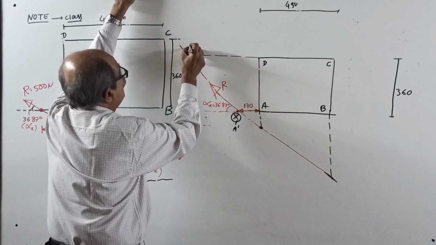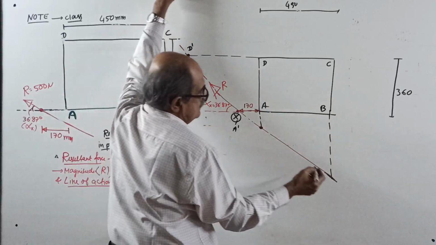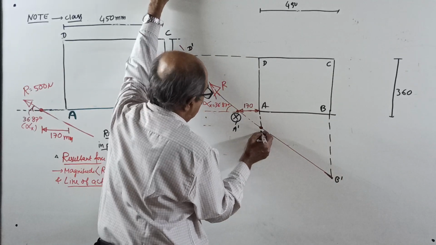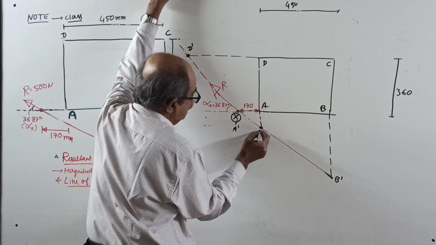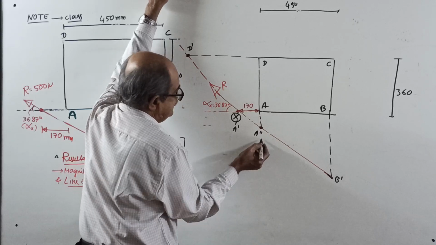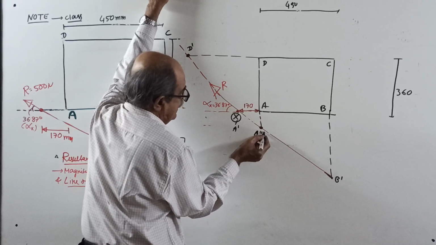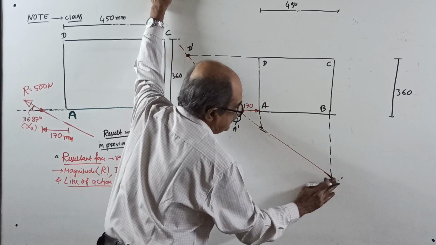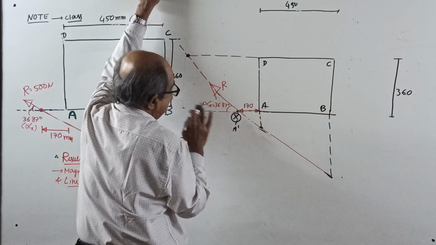This point I will call D dash. This point I will call B dash. Oh, there is already one A here. I will call this A double dash. To avoid confusion, I give new names.